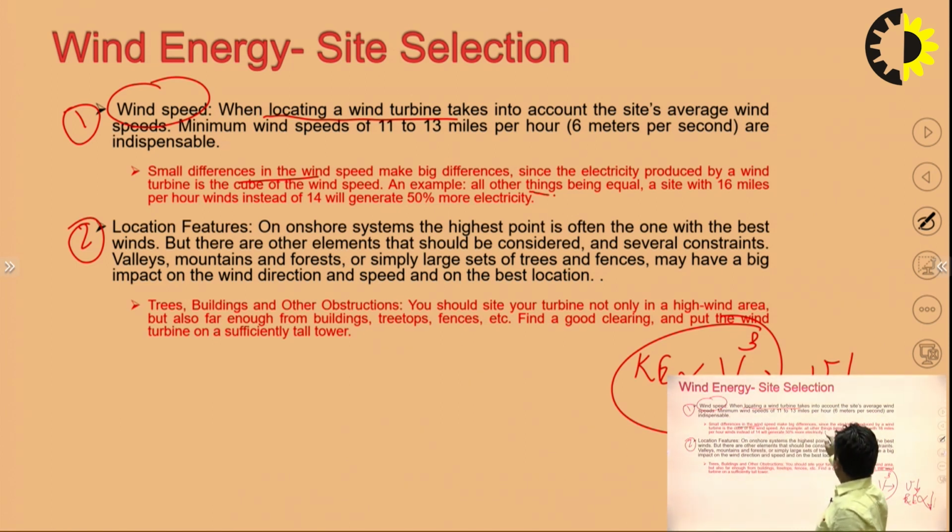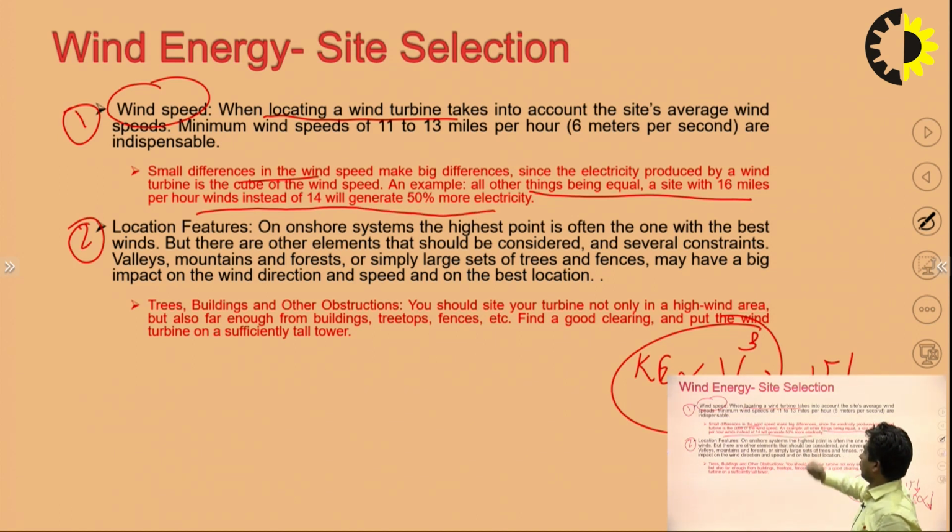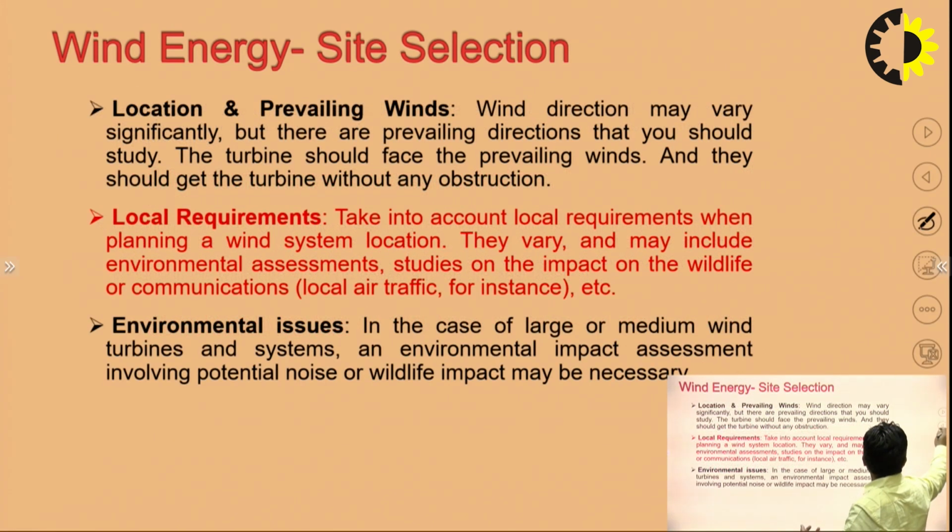So like an example, all things being equal, a site with a wind speed of 16 miles per hour rather than 14 will generate 50% more electricity.